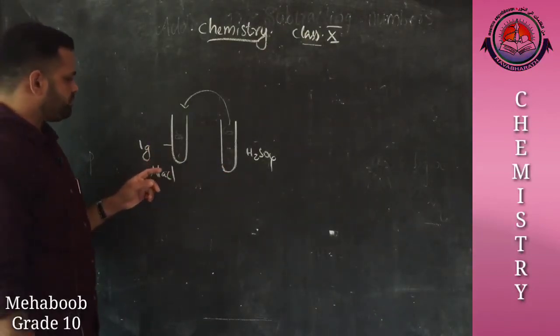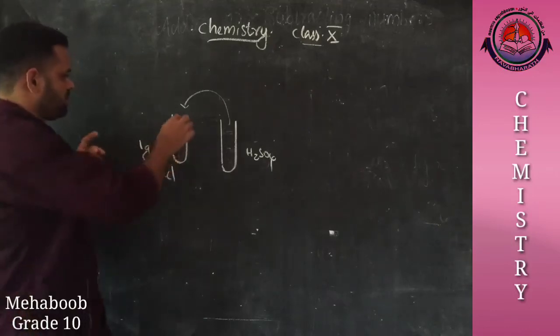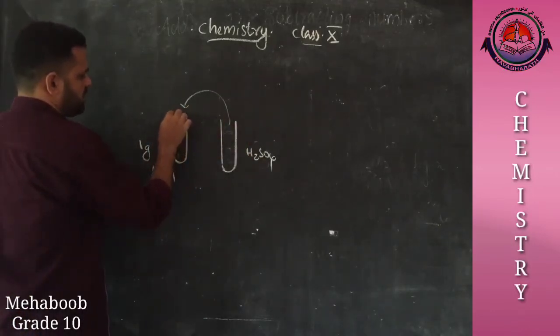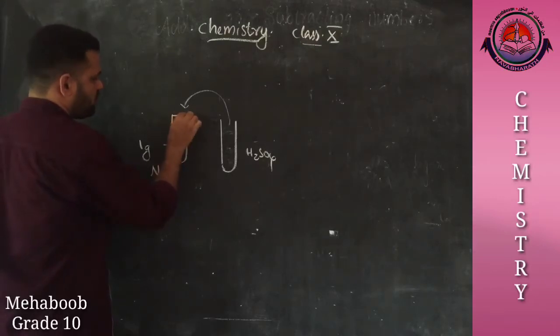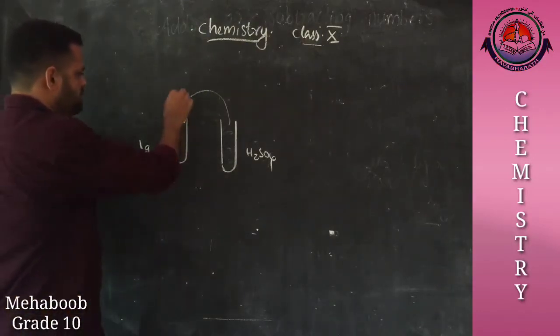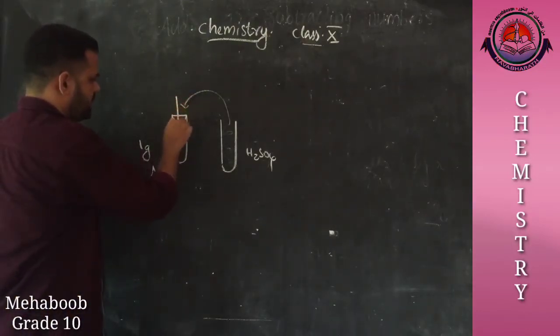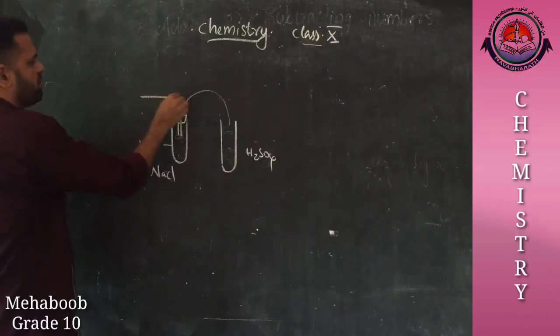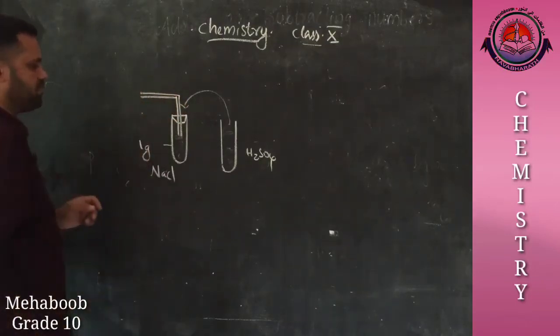When you add sulfuric acid into sodium chloride, after that you close the test tube with a rubber cork, and also fix a delivery tube into this test tube through the cork.